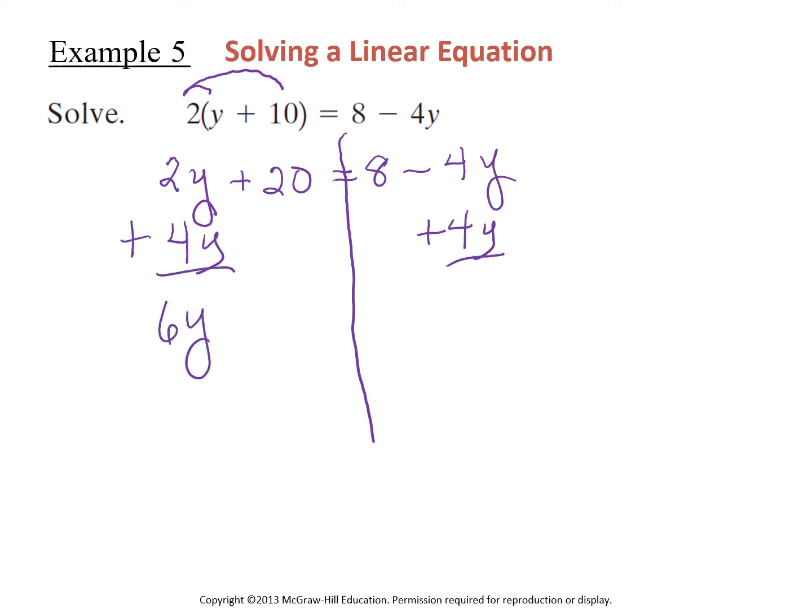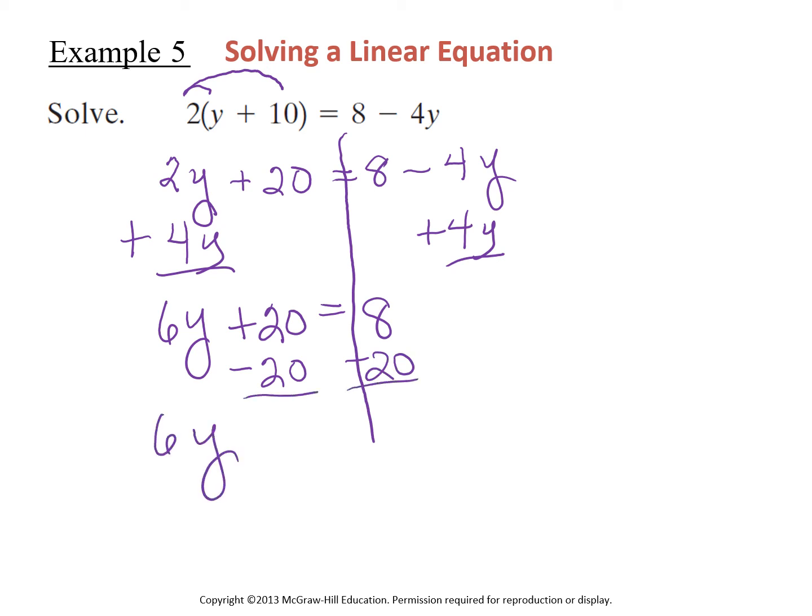So 6y plus 20 is equal to 8. So I'm going to subtract 20 on both sides of the equation. 6y equals negative 12, and I divide by 6, and y is equal to negative 2.